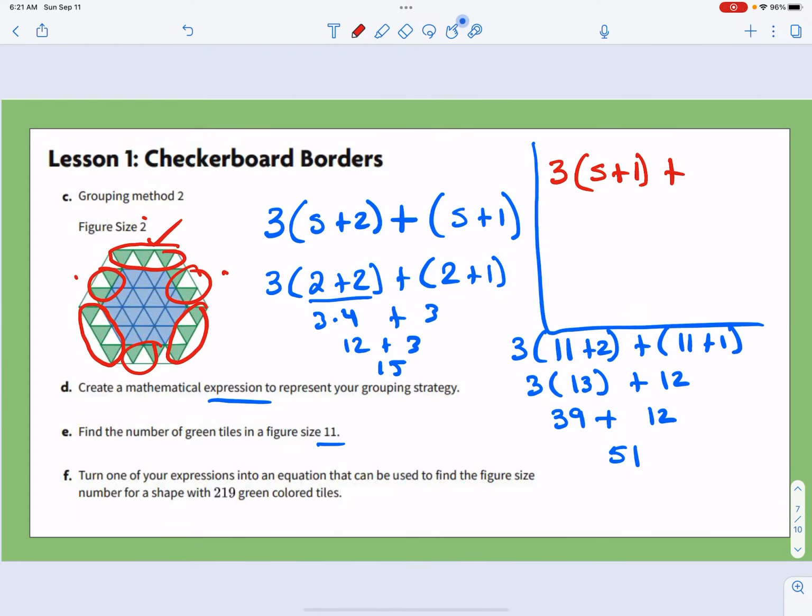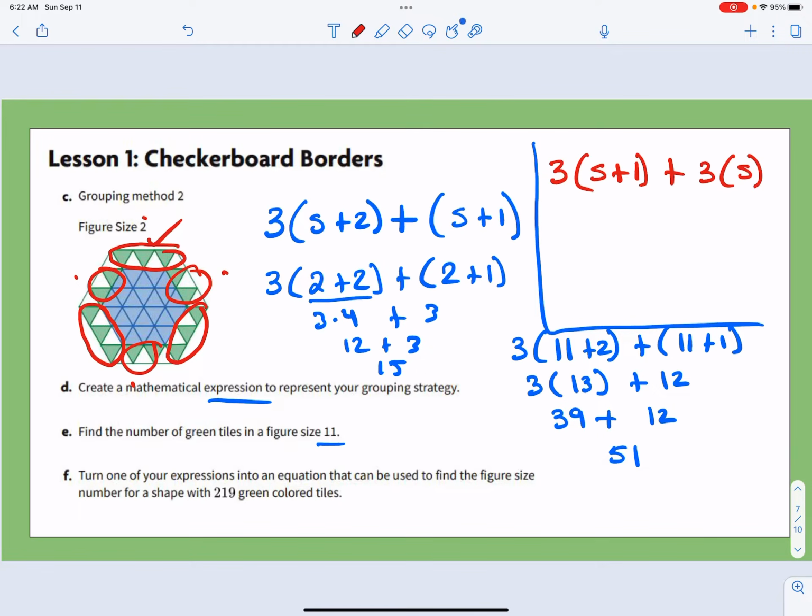Then I have 3 groups over here, which is 3 times 3, sorry, it's early in the morning. In that case here, it just is the size.